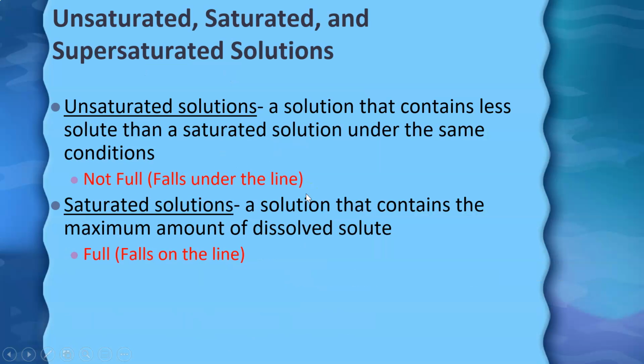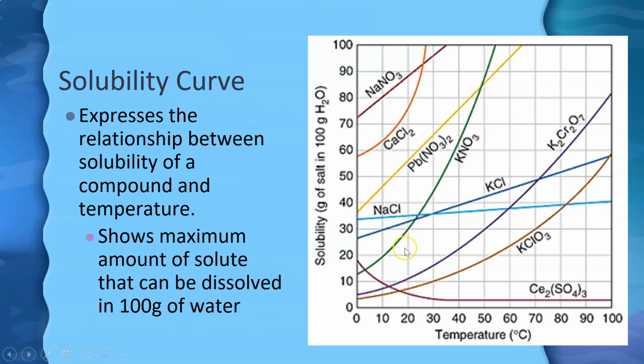So if I look back at my solubility curve, and I say I'm going to use this light blue sodium chloride as an example. So at 30 C, any amount under this line, so any amount between 0, which would not be a sodium chloride solution, but 0 and about, say, 35 or 36 grams would be unsaturated. Once I get to that 36 grams or so, I would be right on the line, and that would be a saturated solution sitting right there.